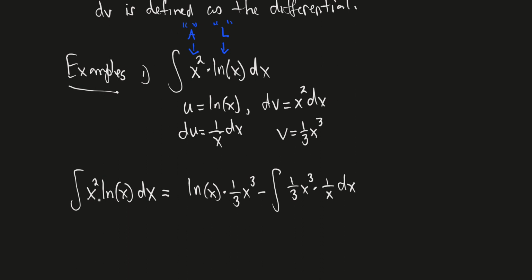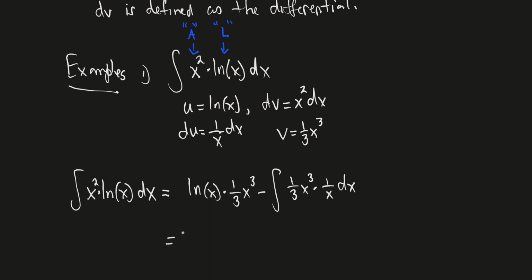Because again, I don't have a composite. All I have is the product of these two things, right? But now with this choice, and with LIATE guiding us, the second integral doesn't have an ln anymore. All we have are essentially 2 power functions, and these 2 functions can be simplified, right?